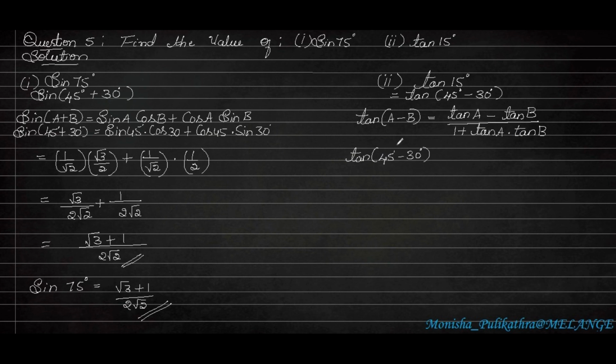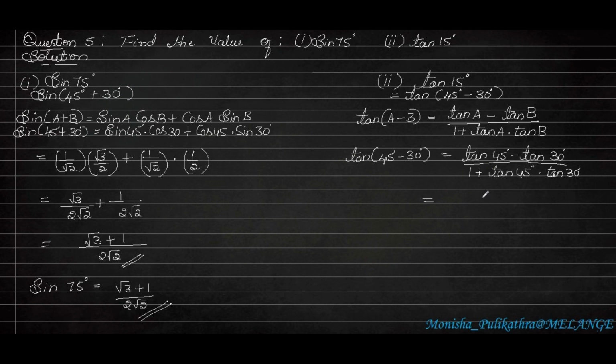Here A will be 45 and B will be 30. We need to substitute the values for it: tan 45 degree minus tan 30 degree divided by 1 plus tan 45 degree into tan 30 degree.